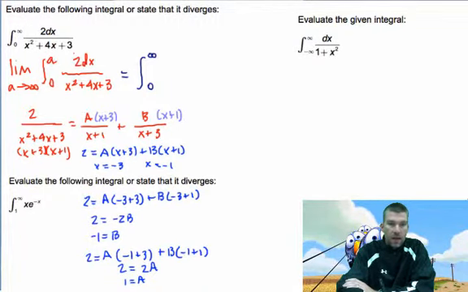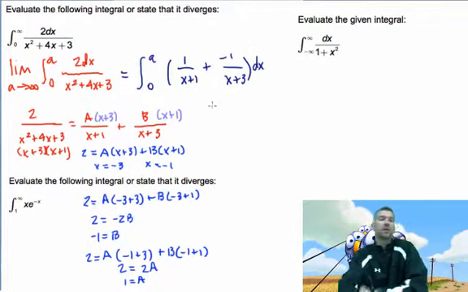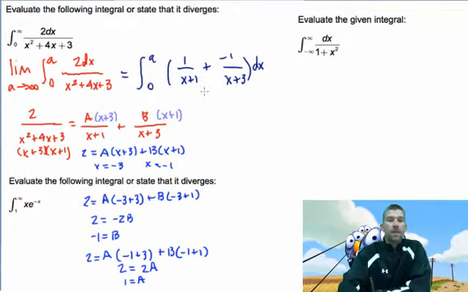So the integral from 0 to a of 1 over x plus 1 plus negative 1 over x plus 3 times dx. And when you integrate this, we're looking at natural logs.